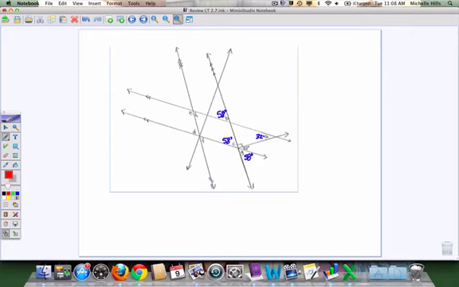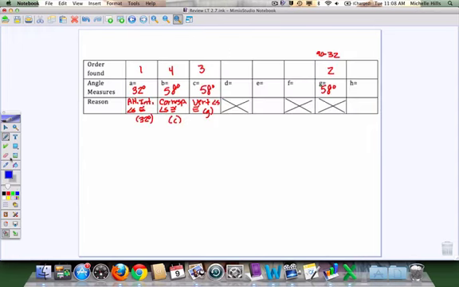If these two are parallel, then C and D are corresponding angles, and they're also going to be congruent. So D also has to be 58 degrees. I found it fifth, and it didn't have to say why I found it.